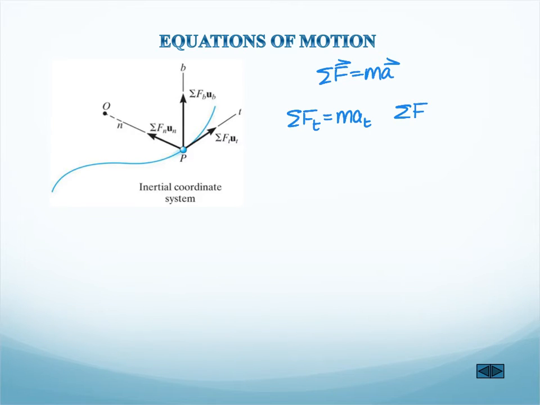The sum of the normal forces is equal to the mass times the normal acceleration, and finally the sum of the forces in the b direction are equal to the mass times acceleration in the b direction. And that's how we would cut it up.